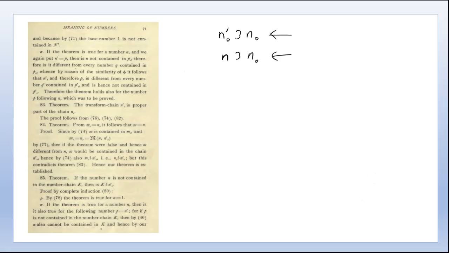So what's the next theorem? Theorem 84. From M0 equals N0, it follows that M is equal to N. Since by 74, N is a part of its own chain.